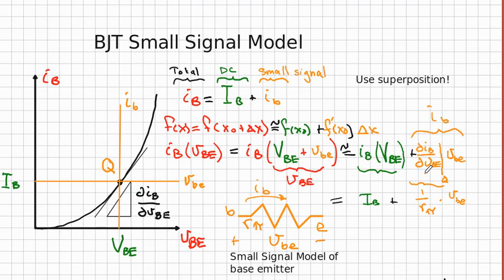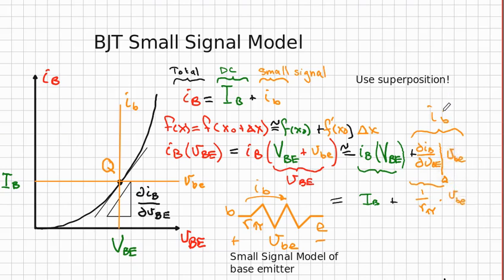Now this derivative here is actually a constant, which you can see. You can evaluate it. It's just, you see it right here on the graph. And I'm just going to call that constant 1 over r pi because it has units of mhos or Siemens, which are the reciprocal of resistance. So I'm going to multiply that by v_be as it is up here.